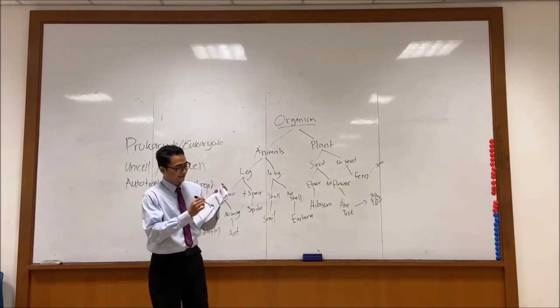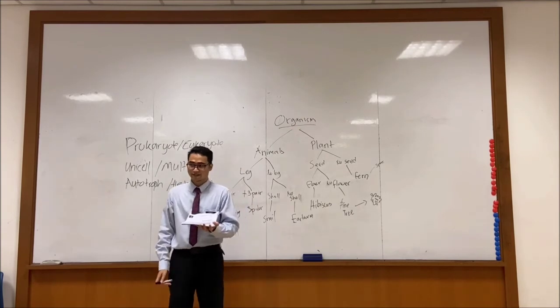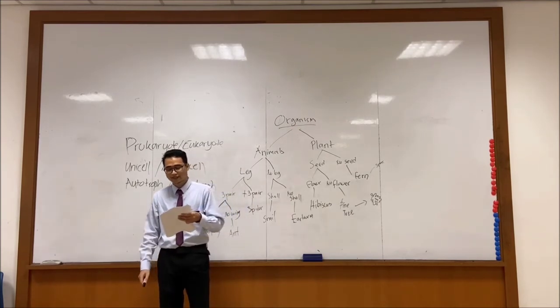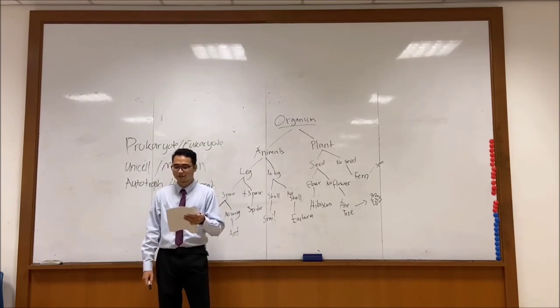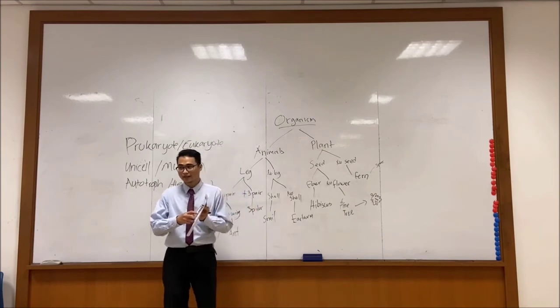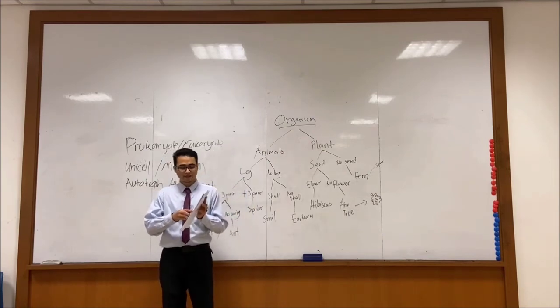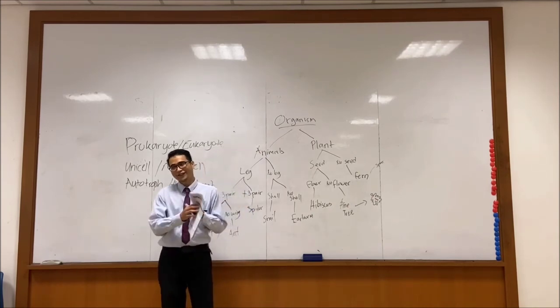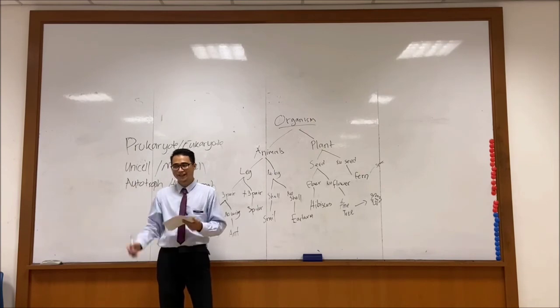You need to work in pairs. You can find your pairs and collect information about the main characteristics of organisms based on the six kingdoms. You just need to fill in the blanks of this table, okay? You can do it not in the textbook, of course. You can do it on another paper, okay?